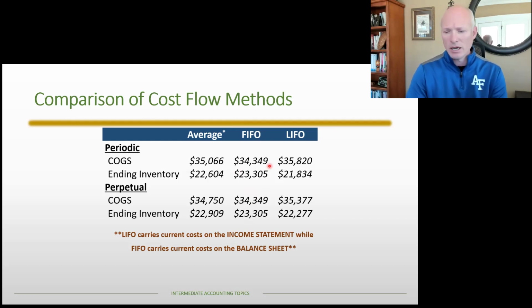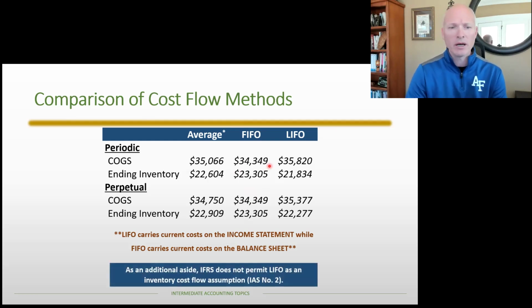And again, just as a reminder, IFRS does not allow LIFO. We're going to talk on the next slide about why that is. But LIFO was basically something that was added under US GAAP because of actually a tax treatment. And so we'll talk about that. But IFRS, they obviously don't care about the US tax code. And so IFRS does not include LIFO as an inventory cost flow assumption.